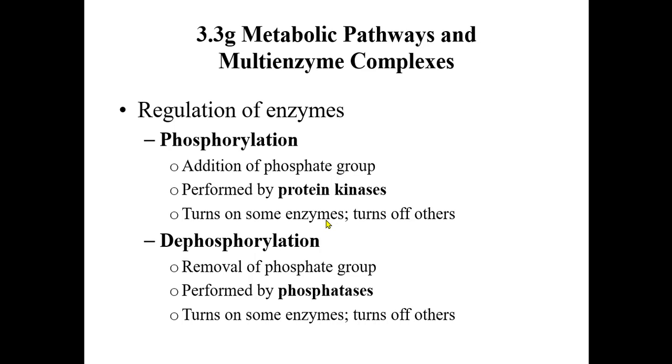There you go. So phosphorylation provides enzymes with the energy to do something. Matter of fact, you'll see later on, phosphorylation provides many things with the energy to make things happen. So phosphorylation is the act of taking a phosphate group off of ATP and attaching it to something and providing it with energy.